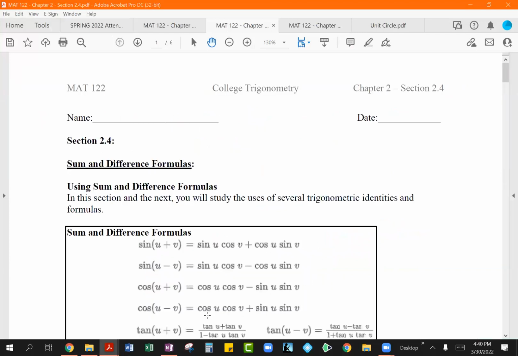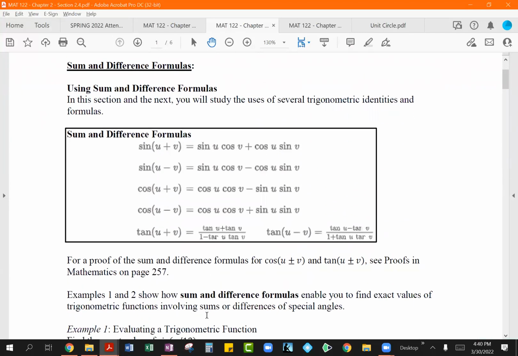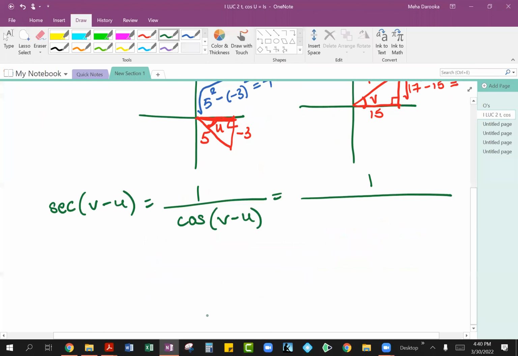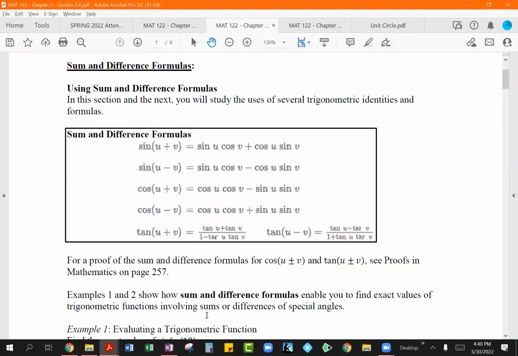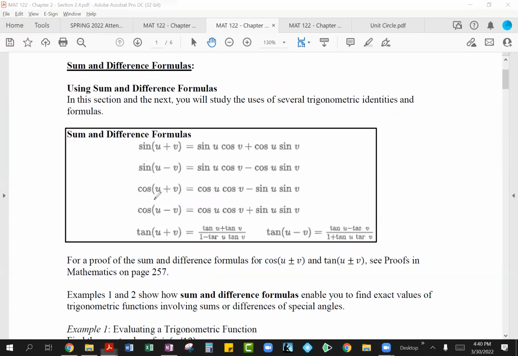So let's go back over here. Again, remember, we are doing cosine of v minus u, so we will need to switch these around. So that's going to be v minus u. This will become v and u, which, since you're multiplying, wouldn't make a whole lot of difference, but we still want to maintain that order.